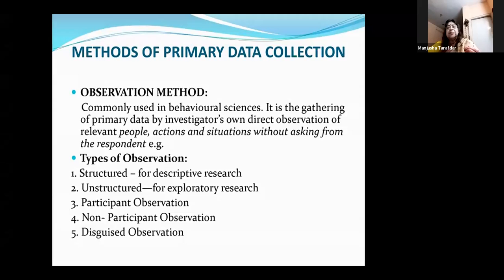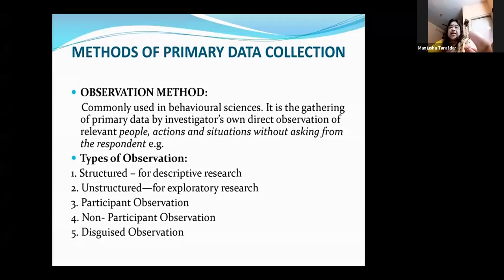There are different methods of primary data collection. Observation method is commonly used in behavioral sciences. It is the gathering of primary data by the investigator's own direct observation of relevant people, actions, situations, without asking the respondents.